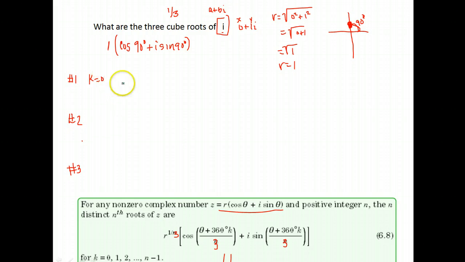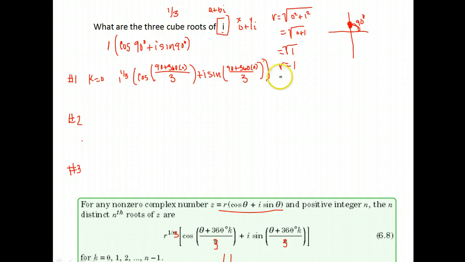So for our first root, we will have r to the 1/3 power, which, since r is just 1, is just 1. Cosine of the angle theta plus 360 times k. So our angle was 90 plus 360 times, on this first one, k is 0, divided by 3, plus i sine of 90 plus 360 times 0 divided by 3.